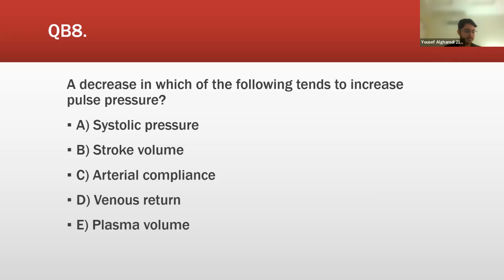Can you say that again? So a decrease in arterial compliance, a decrease in compliance. What does that mean? Constriction. I think I just said dilation. Yes, exactly. That's why I asked you to say it again. So a decrease in arterial compliance means that the artery is less compliant.